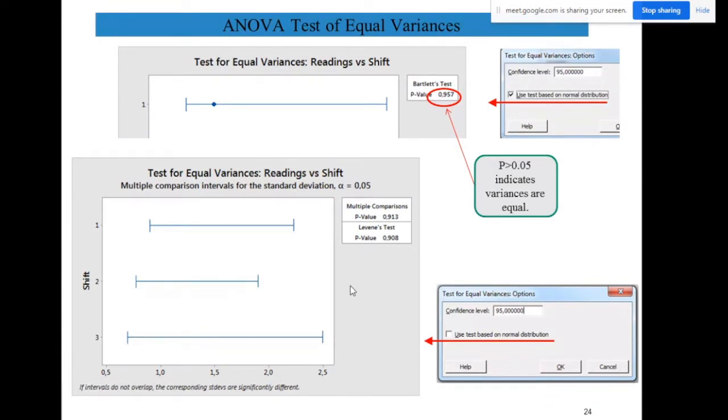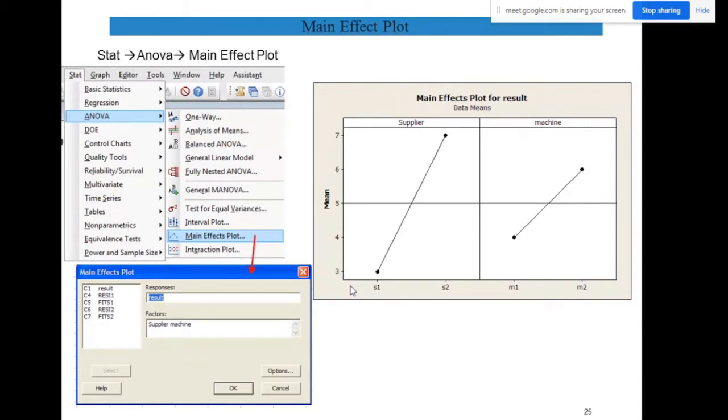And for doing ANOVA, two conditions are important. One is the normality test and second is the test of equal variance. Then we go for the ANOVA. In ANOVA we can also go for the main effect plot and interaction plots.